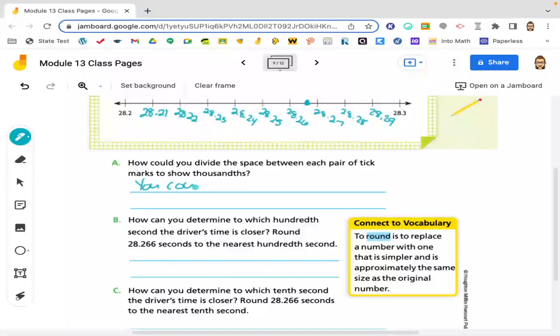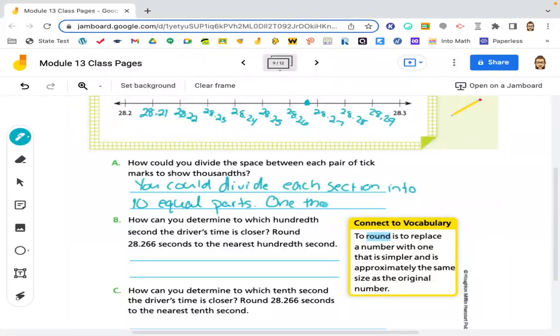You could divide each section into 10 equal parts. 1,000ths is 1/10 of a 100th.